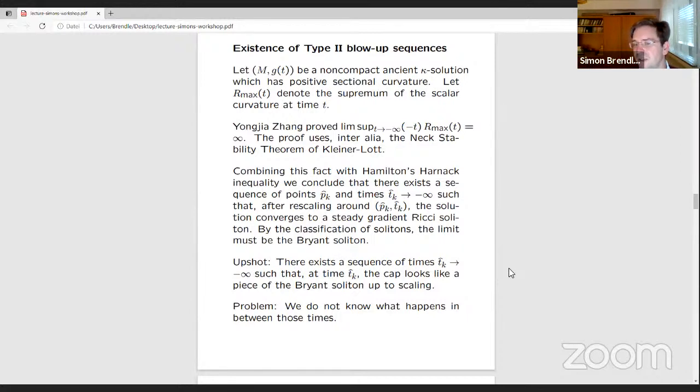At those particular times, you know exactly what a cap looks like, and it has to look like a piece of the Bryant soliton. So for all times, you know something, and for some times, you know a lot more. But the problem is these times could be far apart, and we don't really know what happens in between. So in between, the cap could get deformed, and it could look totally different.